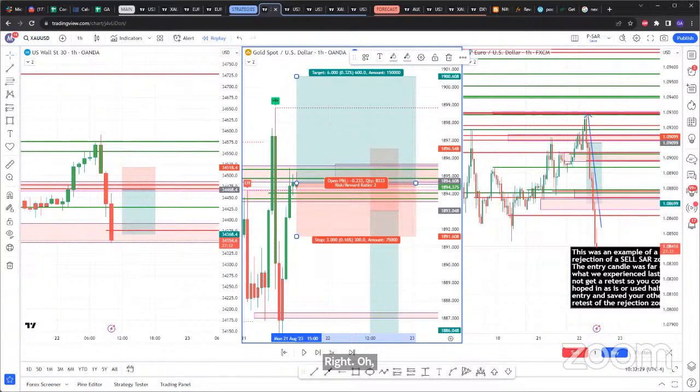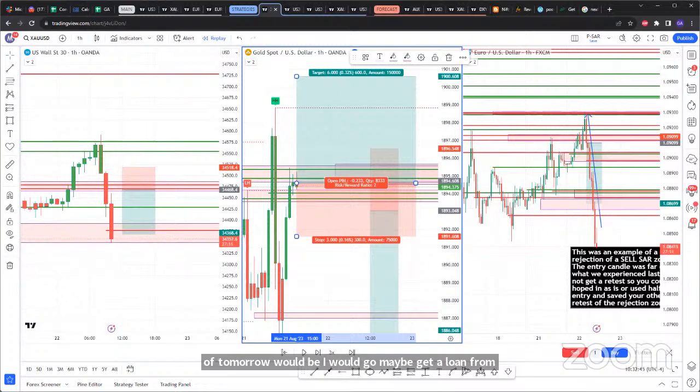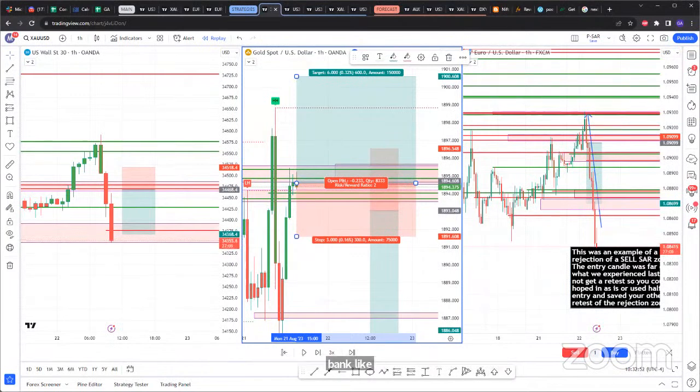Let's say you could see what US 30 is going to do in the next 2 days with like 90% certainty. If that's the case, personally, you know what I would do? If I knew what the daily candle of tomorrow would be, I would go maybe get a loan from a bank, like 50K or 100K, and go all in. Because I know for certain, like if I've seen the future, I know US 30 is going to go this way, right?